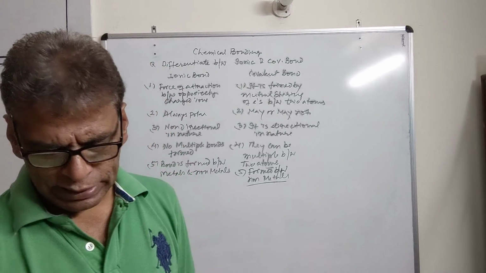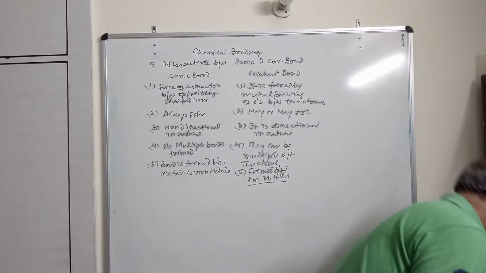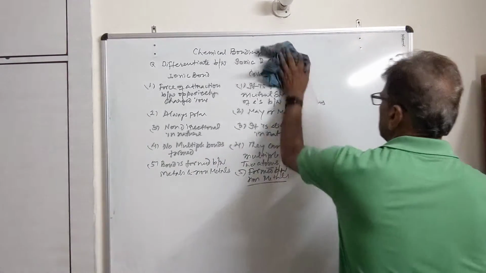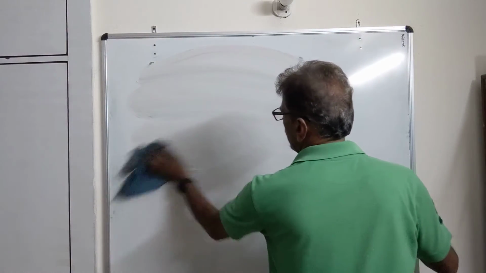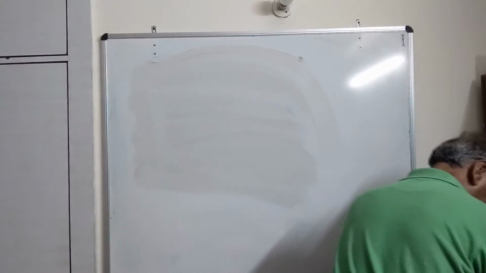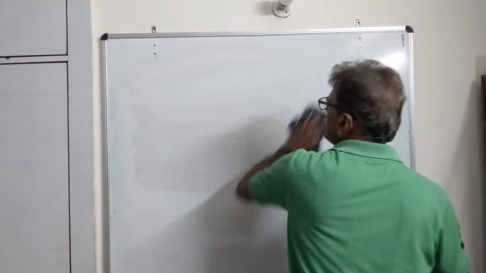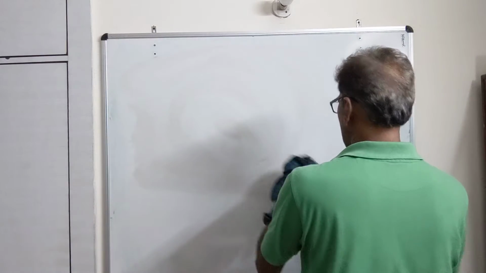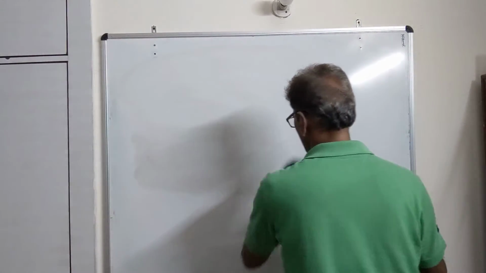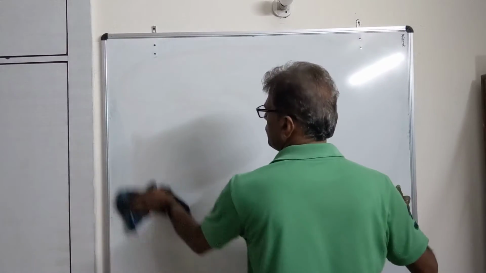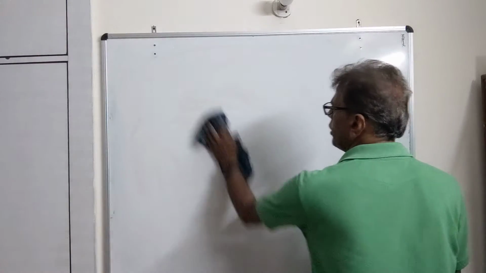Now we come to the next question. What is dipole moment and what is its importance? So our next question of this lecture 5 is define dipole moment and give applications of dipole moment. As we know that covalent compounds have covalent bond.